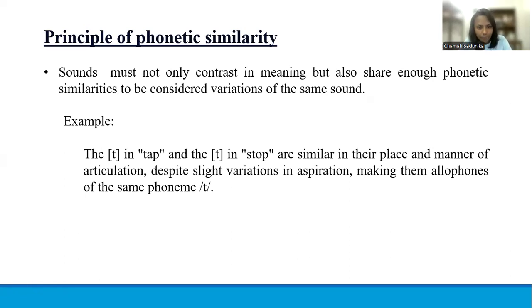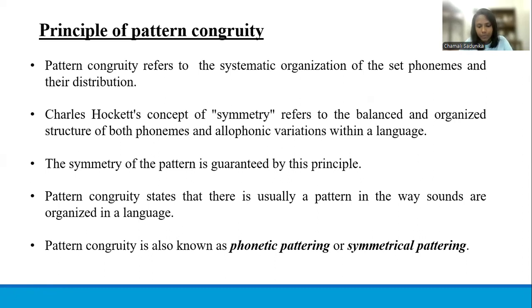In the example, the t in tap and the t in stop are similar in their place and manner of articulation. Despite slight variations in aspiration, this makes them allophones of the same phoneme t. So next we move to our topic, the principle of pattern congruity.